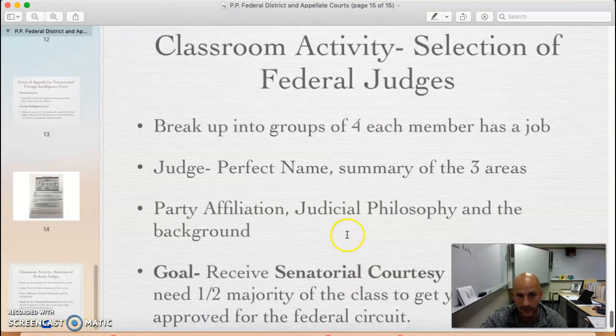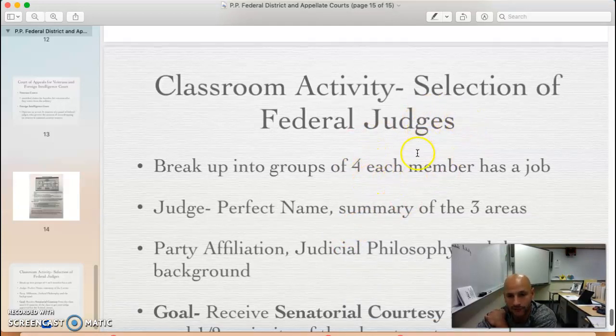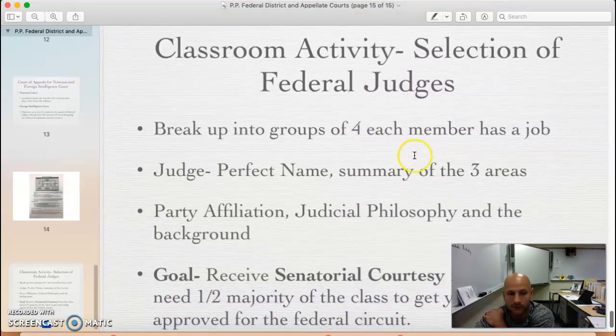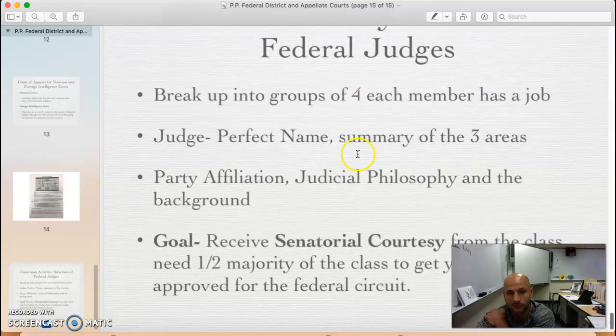But what you're going to do today, we're obviously not going to break into 4 groups since we have the coronavirus now. But a little fun activity here is you're going to try to get senatorial courtesy, which means you're going to try to get 50% of the Senate to vote for your perfect judge. I want you to create a perfect name, being serious, not immature, and a summary of 3 areas you think is important for a judge to have.